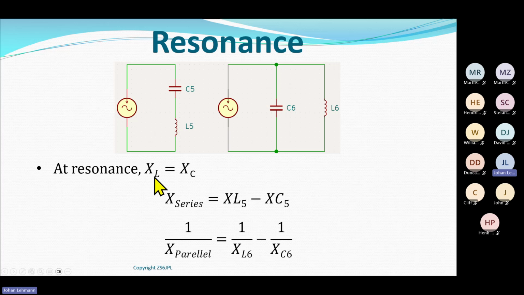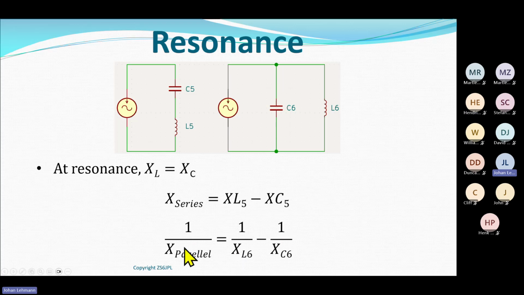So if XL and XC are equal at resonance, the outcome in series would be 0 ohms. You agree with me? It doesn't matter what the value is. If XL is 1000 and XC is also 1000, the net result is 0 ohms. So, important when we look at the circuits of radios: a series resonance circuit will always be a short circuit at resonance.